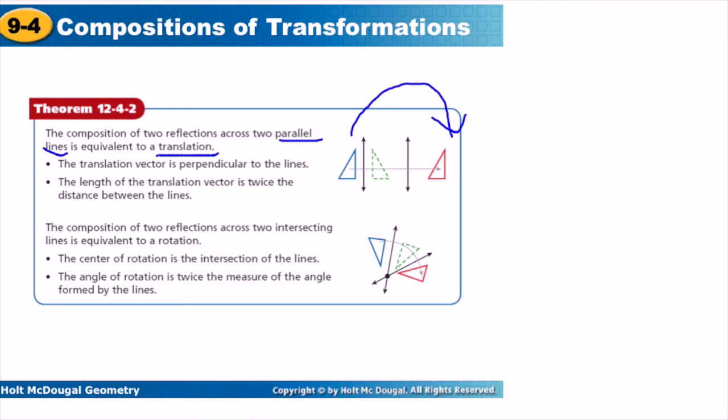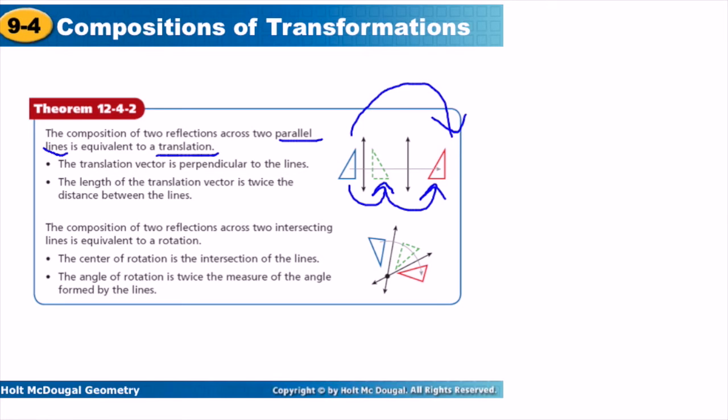Do you see how from your pre-image to your first image, it was a reflection, but then a reflection of a reflection for that second image became just a translation? So that's what they're saying there. The composition of two different reflections is really a translation, and that relates back to the transitive property that we were talking about.